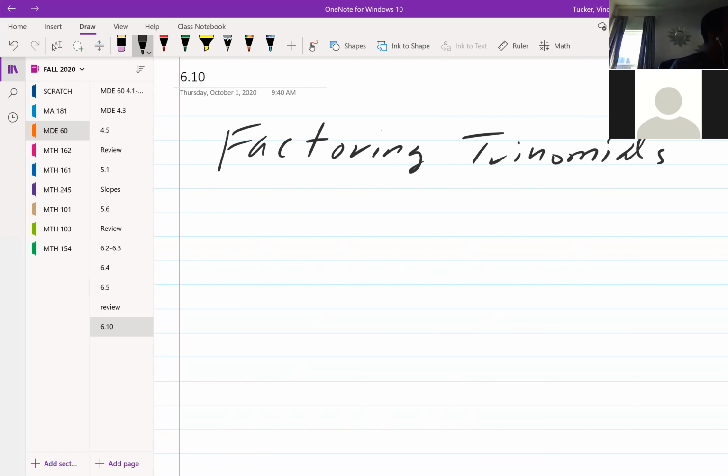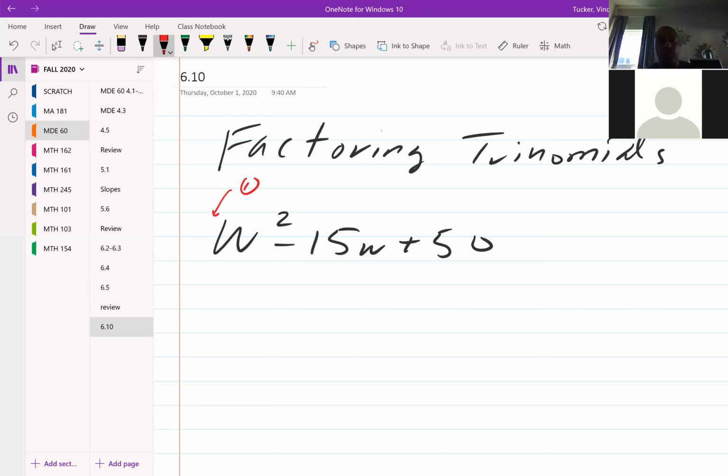All right, so let's make sure we at least review where we were last class. And that's factoring when your leading coefficient is 1, when we don't have anything in front of that squared variable. So remember we said we would go ahead and set up our 2 sets of parentheses.